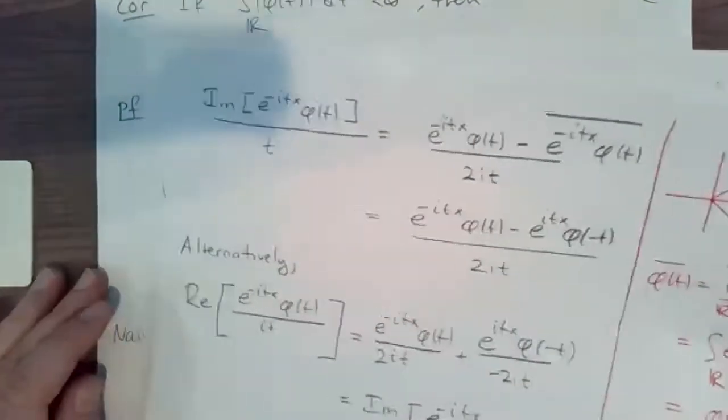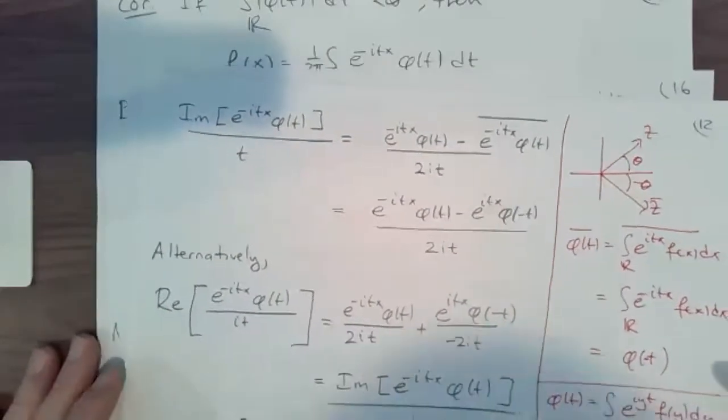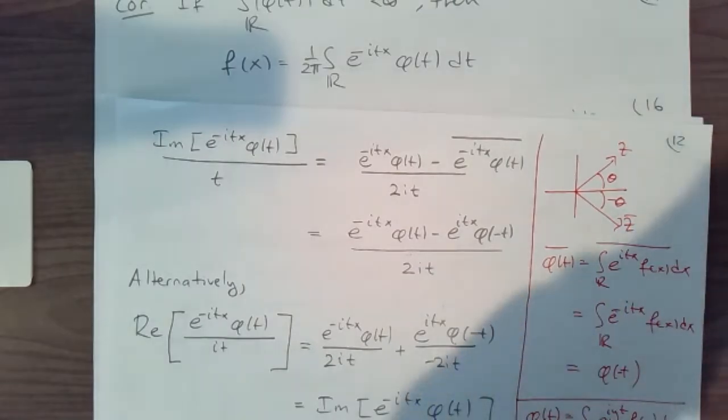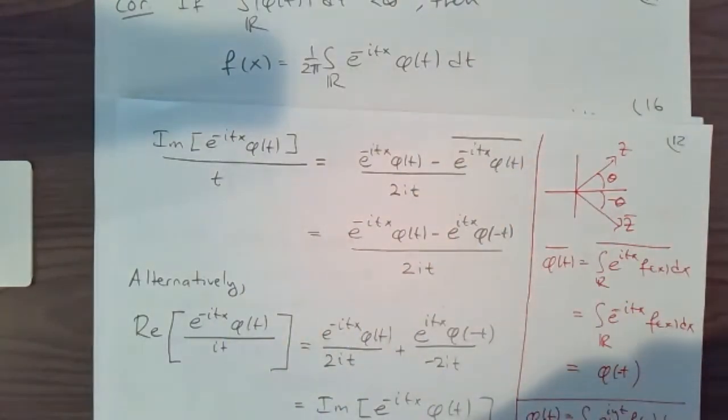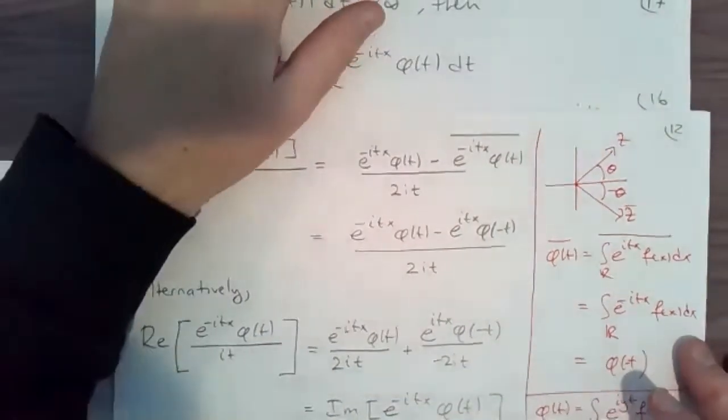And what I want to do in the last 15-20 minutes is first do a sanity check, and second show you that this formula can be turned around and actually be used as a computational tool. So the first sanity check is to make sure that all this stuff makes sense in the case of the Gaussian. Then we'll do an application that is not trivial.